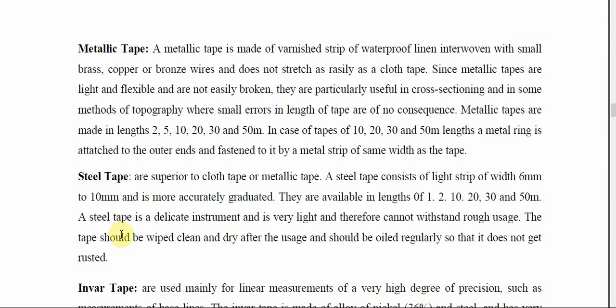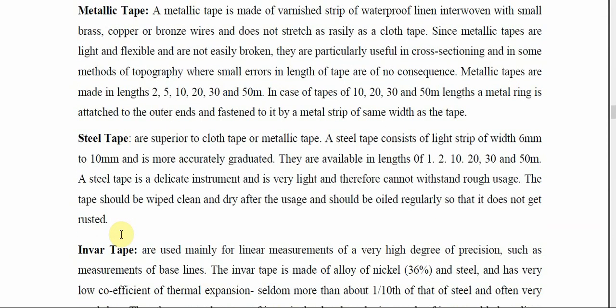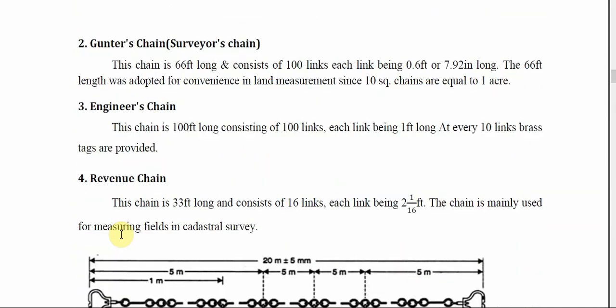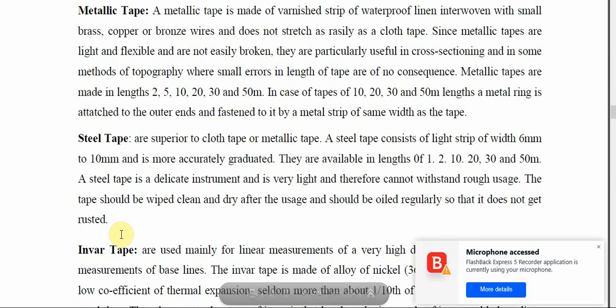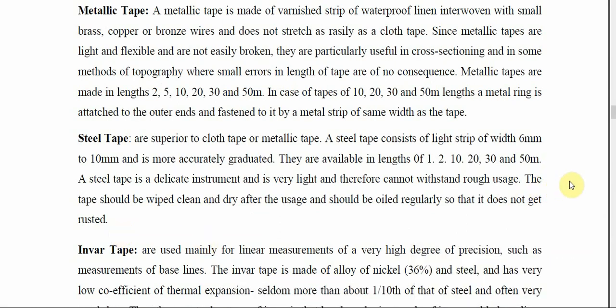The next type of tape is metallic tape. It is made of a varnished strip of waterproof linen interwoven with brass, copper, or bronze wire, and it does not stretch as easily as a cloth tape.